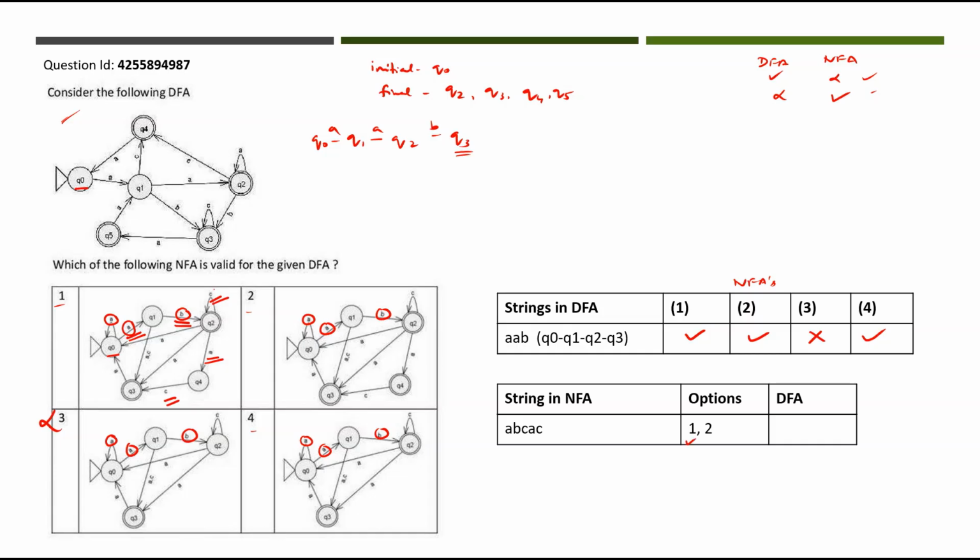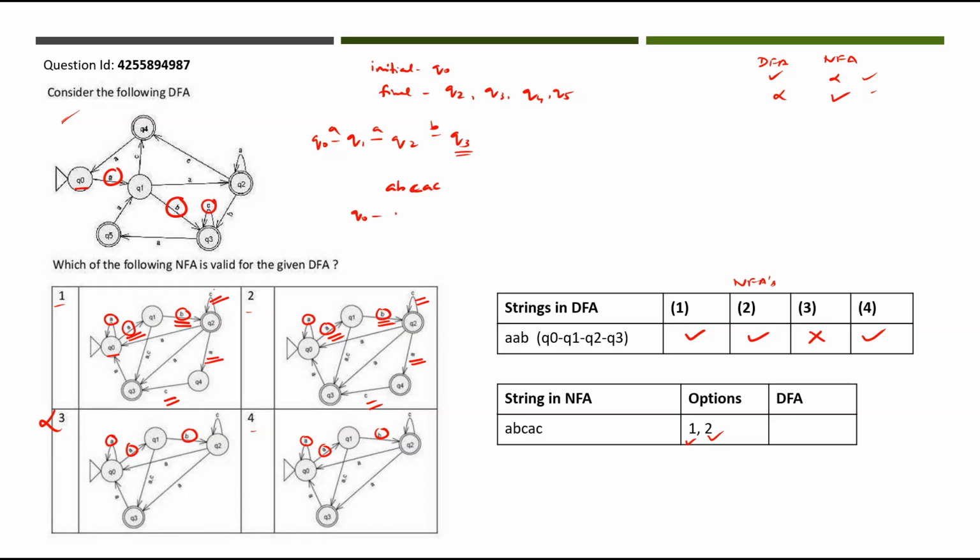Regarding option 2, we have A, B, C in the loop here, then A, then C. This is also getting accepted in the second NFA. Now check whether this string A, B, C, A, C is accepted in the DFA. We have A, then we have B, then we have C. We are still in the Q3 state.